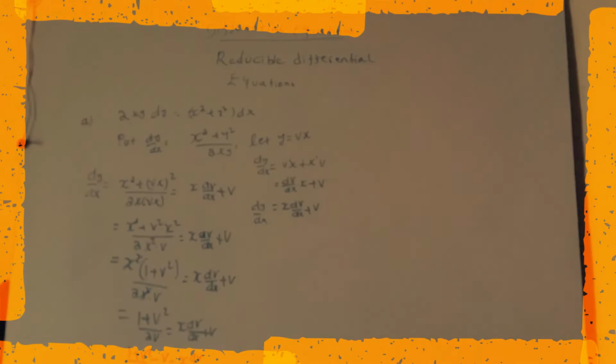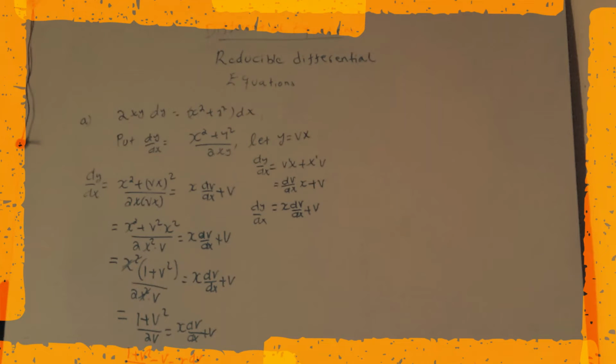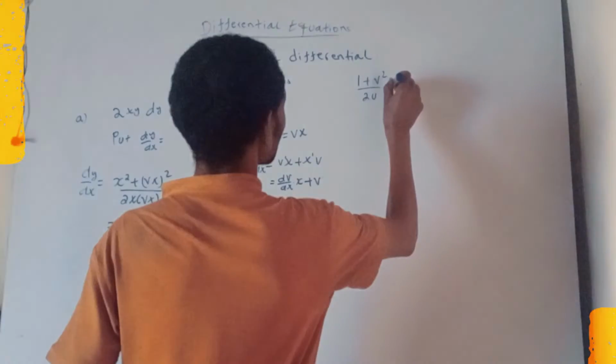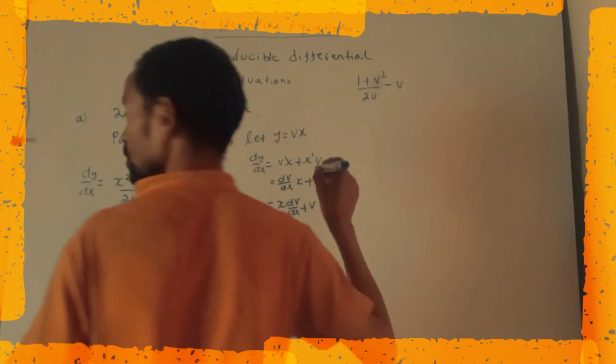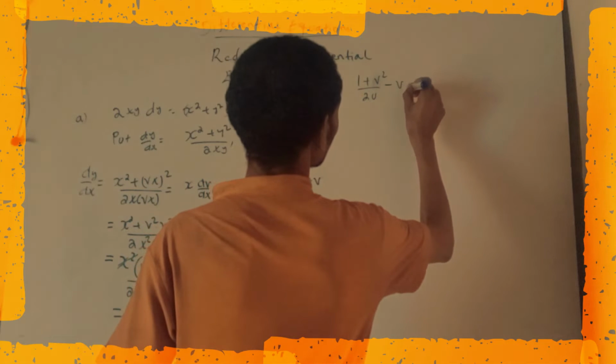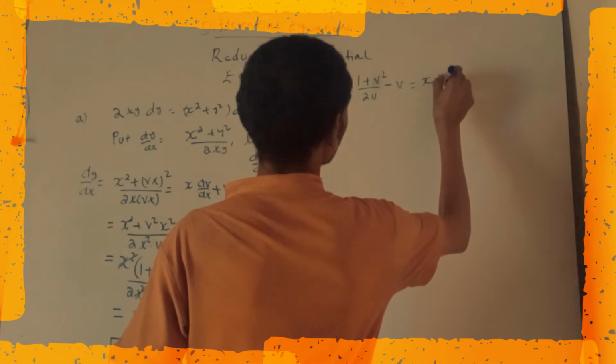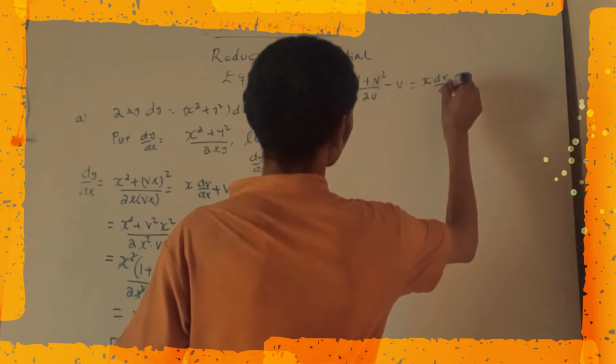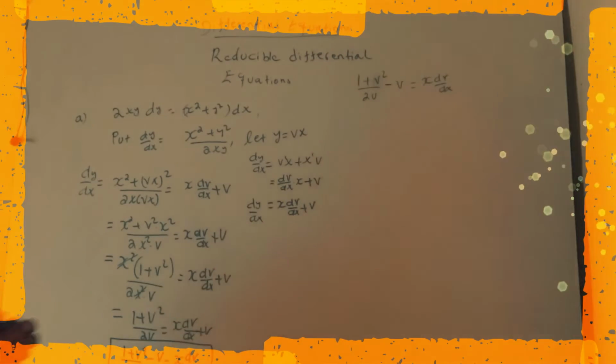Now 1 plus v squared over 2v minus v is equal to x dv over dx.